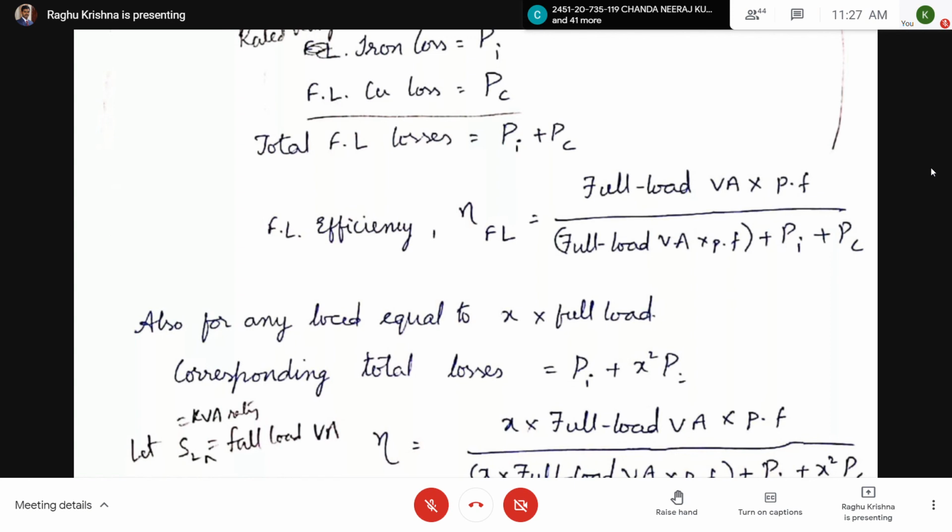If the current is more than the full load, the transformer gets heated and slowly damaged. We must not overload the transformer, because there are many chances that it will burst. So the current is limited to the full load value.